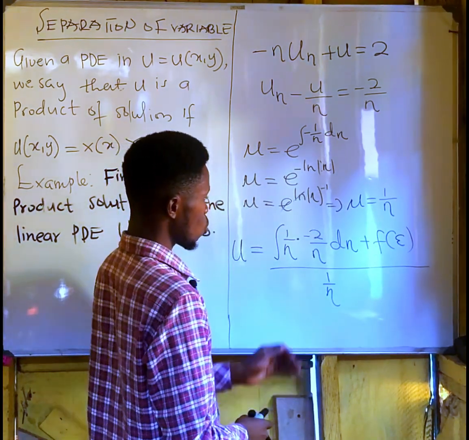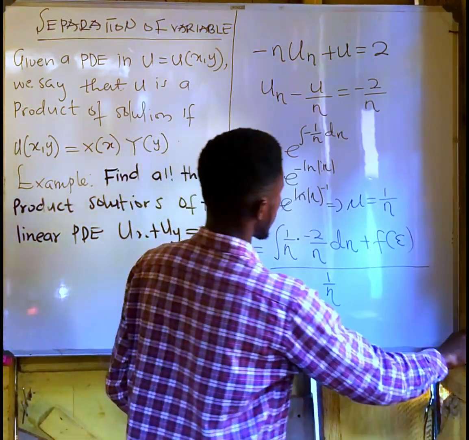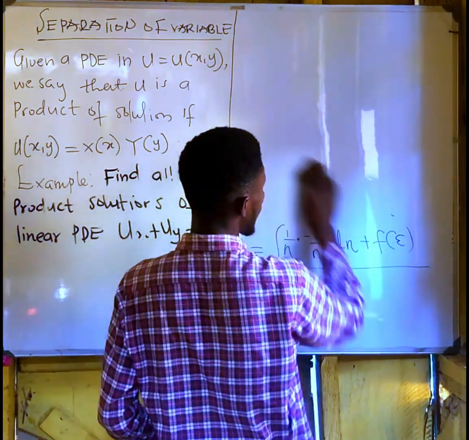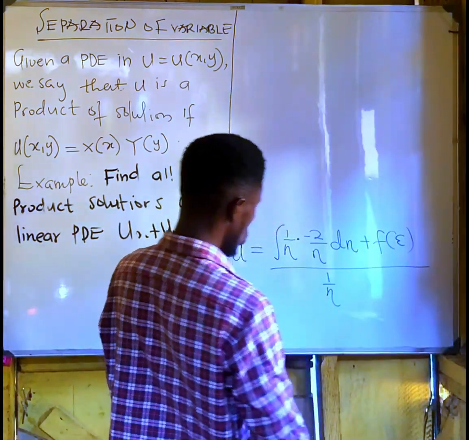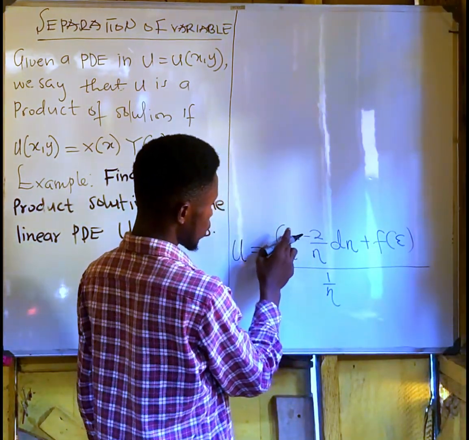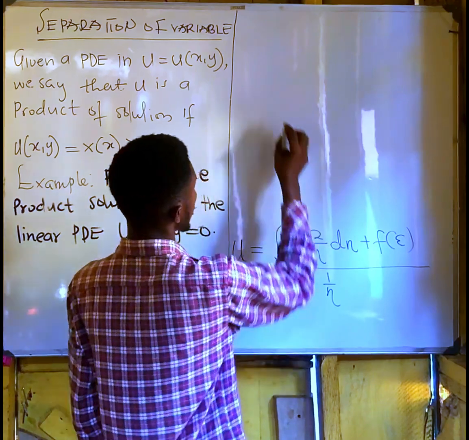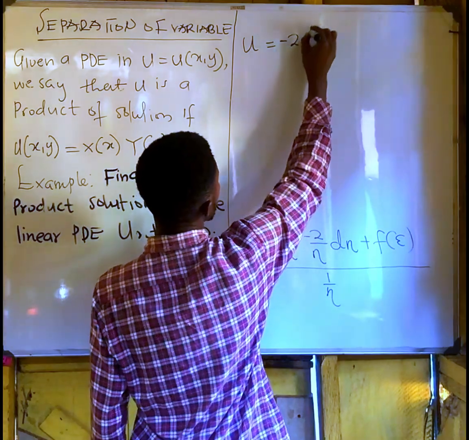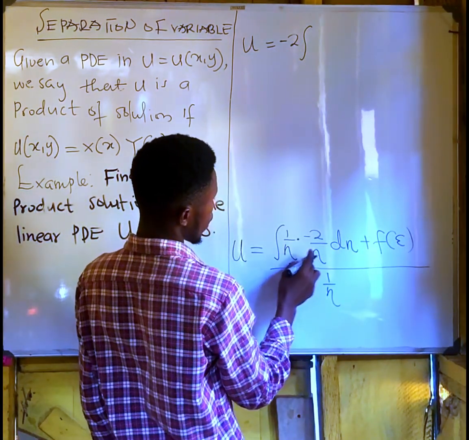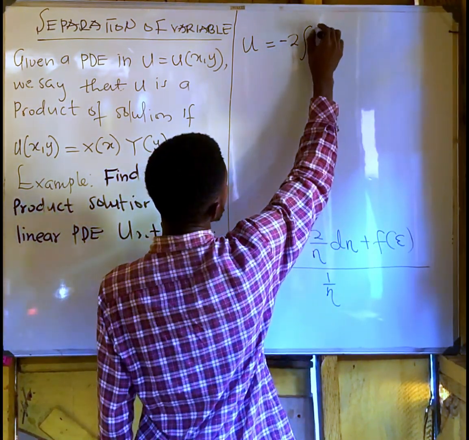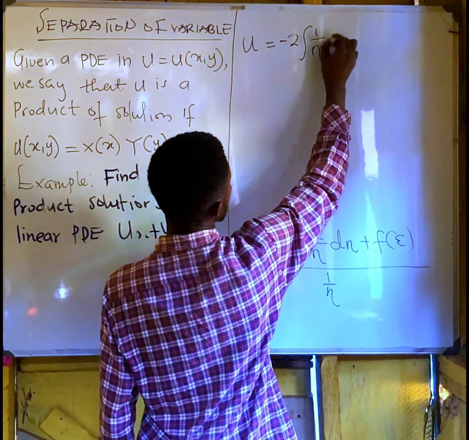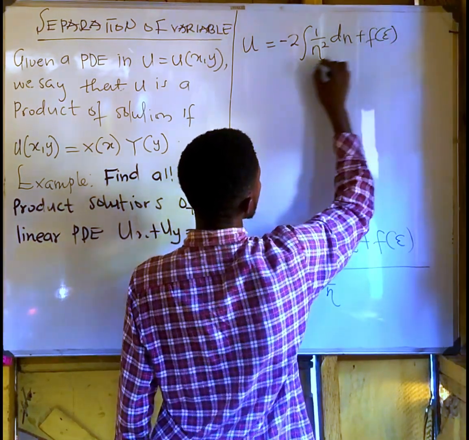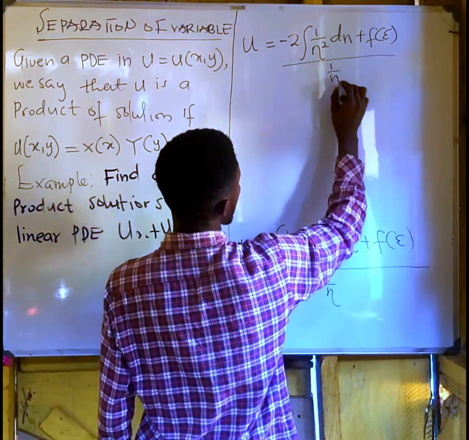So for this case, let me clean the top one. Now we know that 1 times negative 2 will be negative 2, so I can factorize that out to get negative 2 out. Integral of 1 over eta times 1 over eta is 1 over eta squared d eta, plus f of xi, all divided by 1 over eta.